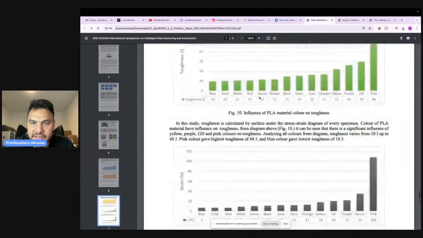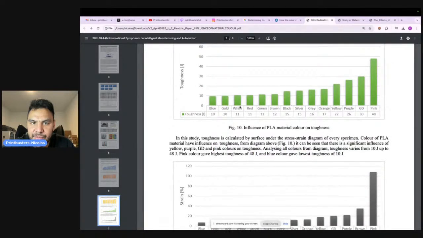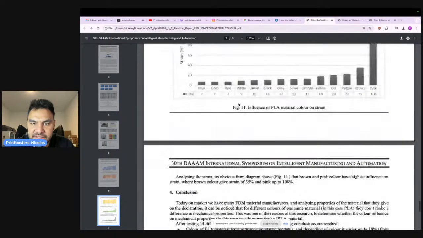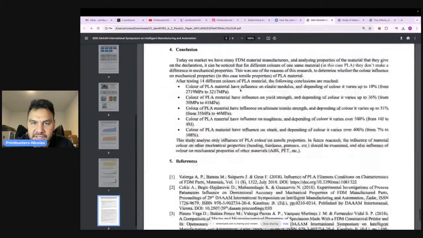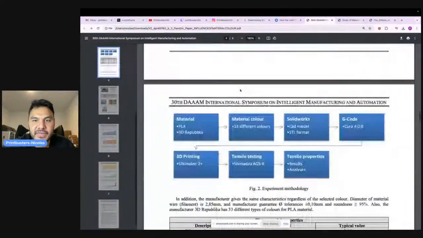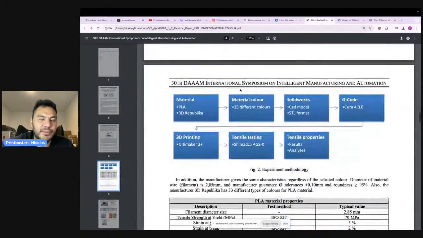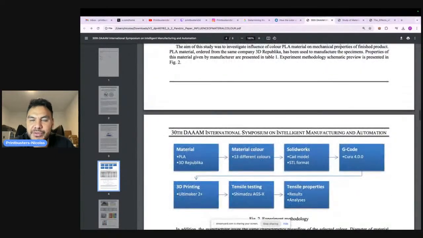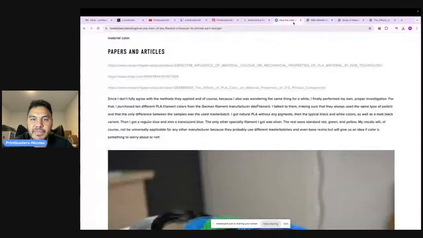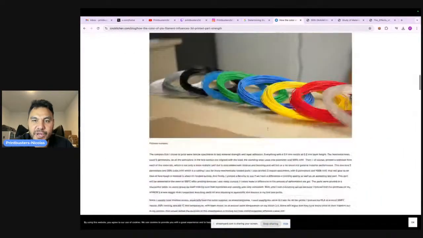White is here. And white is here. White is here. Yeah, so even in that paper, there is no sign of white being weaker. So you know what? I really don't understand where that comes from. Why do people think that white is weaker?